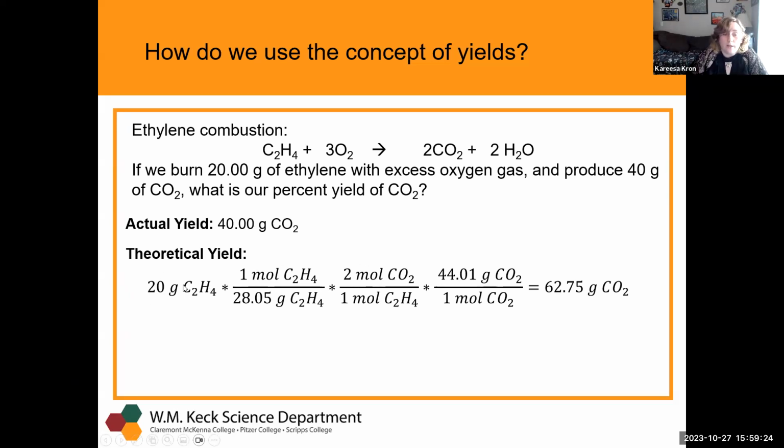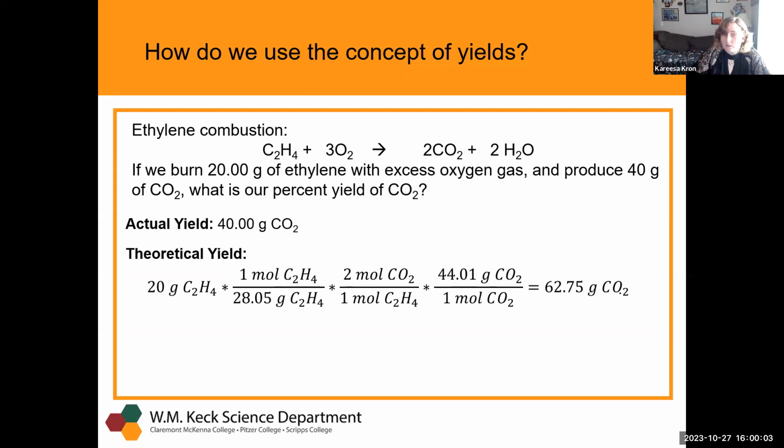So if we start with 20 grams of ethylene, we'll do some dimensional analysis with the molar mass of ethylene to get the moles of ethylene that we have available to us to do this reaction. And then for every mole of ethylene, we can produce 2 moles of CO2. So this is our stoichiometric factor. And once we know the moles of CO2, then we can multiply it by the molar mass of CO2.